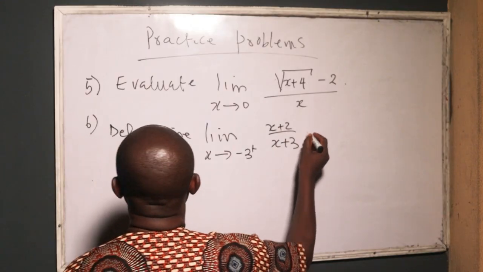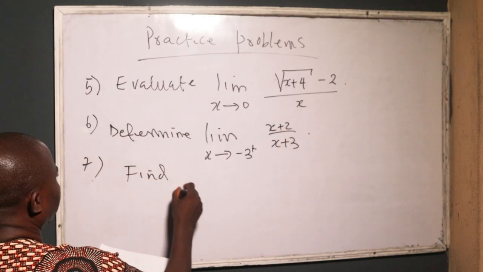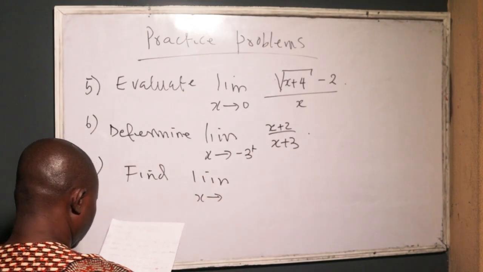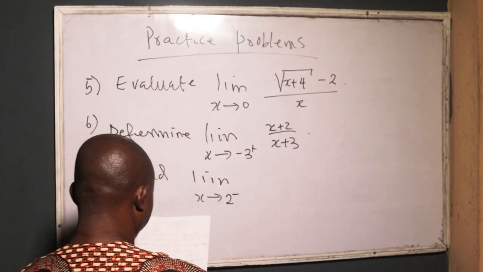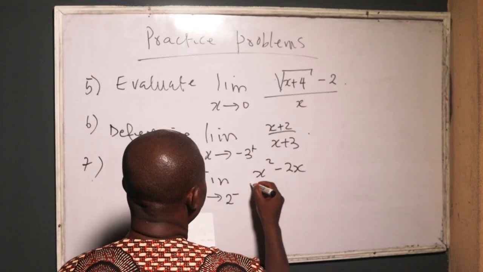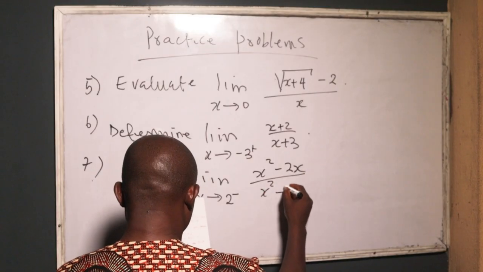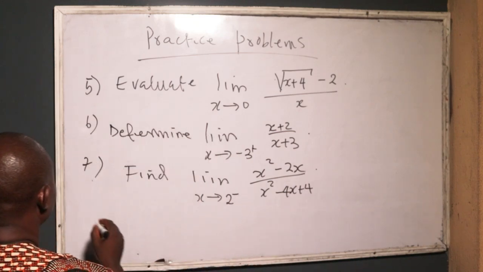And then this one says we should find the limit as x tends to 2 from the negative side of x squared minus 2x divided by x squared minus 4x plus 4.